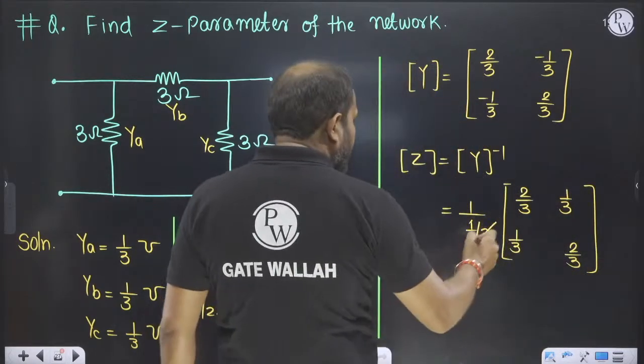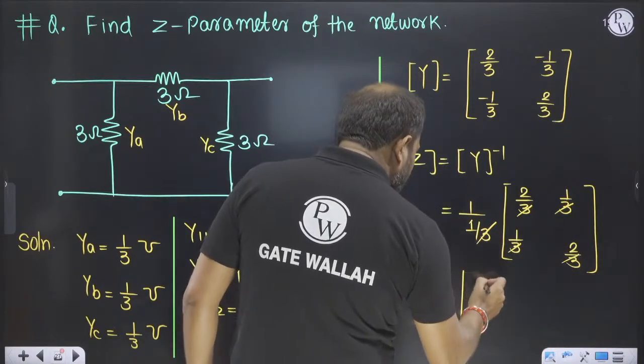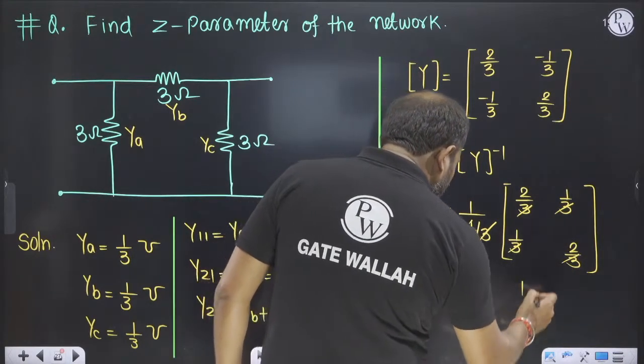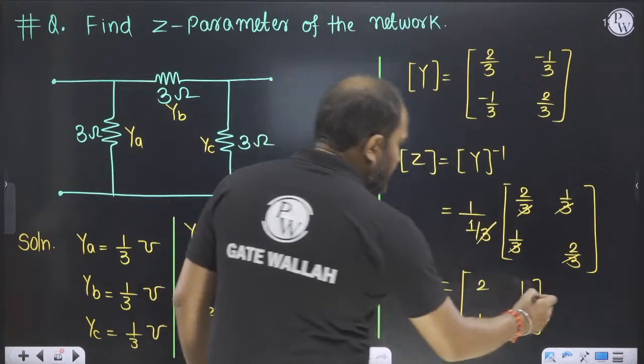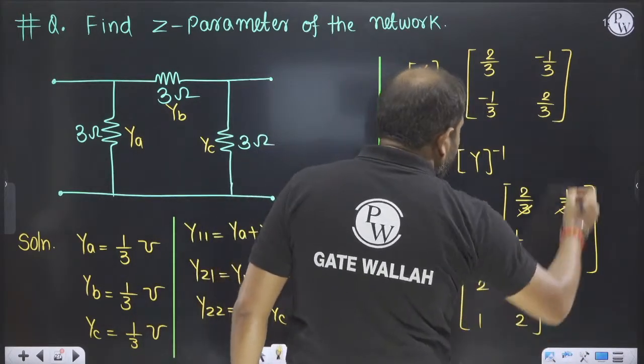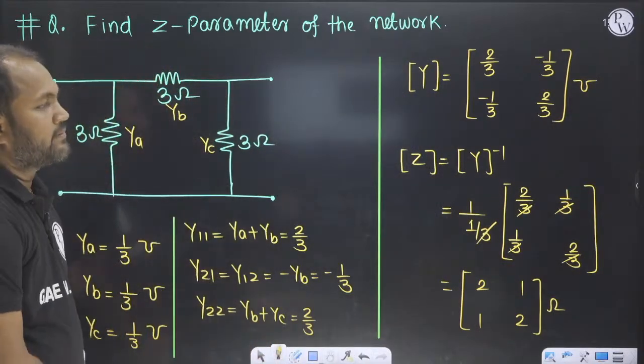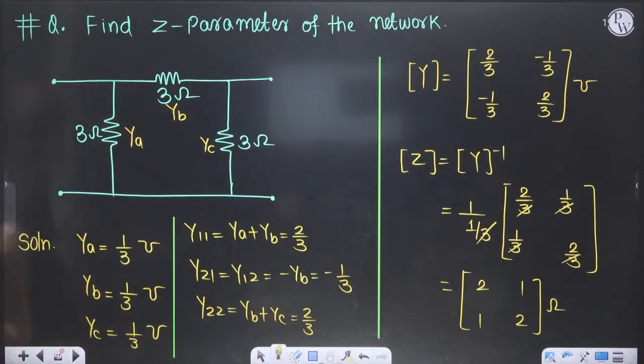So this 3 and this 3 will be cancelled out. So our Z parameter will be 2, 1, 1, 2. So this is our answer for Z parameter. So very easy. Inverse you know how to calculate, so it is very easy to calculate.